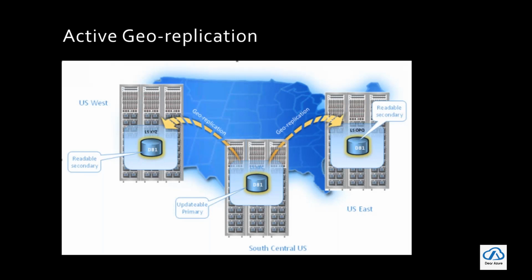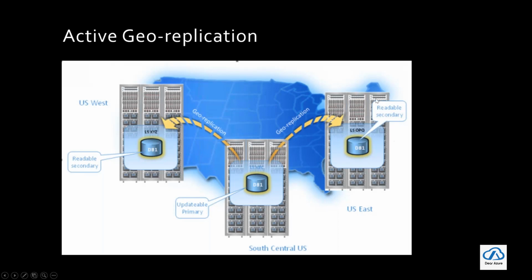So we have active geo replication here, which is the third option. Here you have a readable secondary, so it will be in sync, right? You can keep it in different regions, but your primary will always be the primary replica where you can do any updates. Those changes will get replicated to your secondaries.